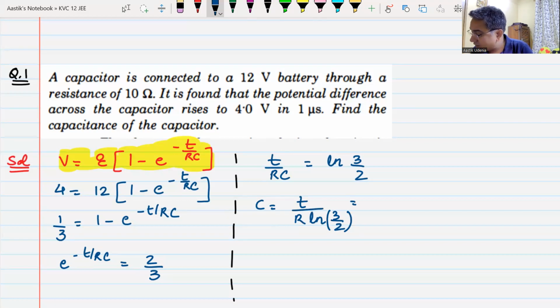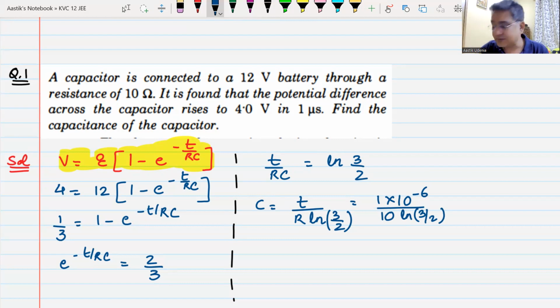Time is given as 1 microsecond, 1 into 10 to the power of minus 6, divided by resistance, which is given, into ln of 3 by 2, whatever it is, and you will get your answer somewhere in the 10 to the power minus 7 range. I don't know where you were living, but in this universe, this is the answer. This is how far I can solve it because I don't know ln 3 by 2.